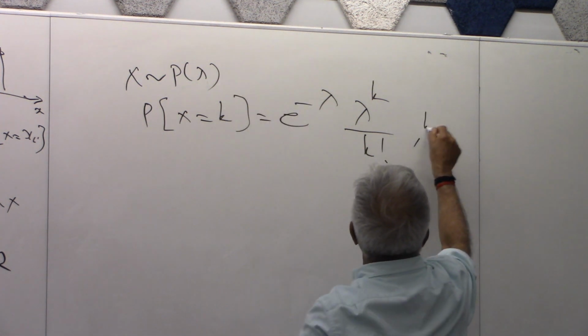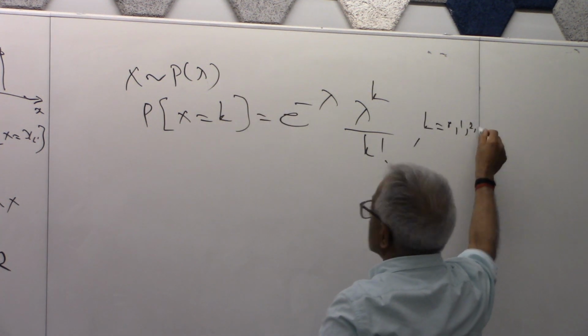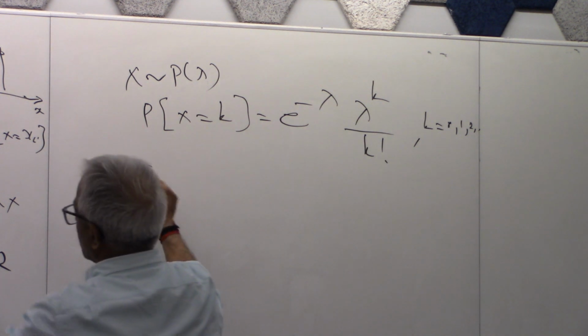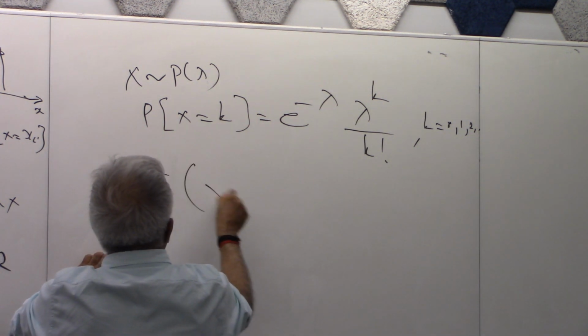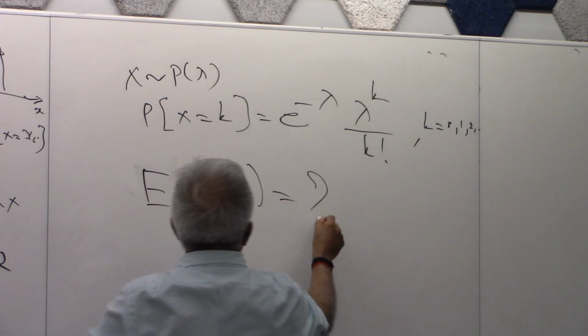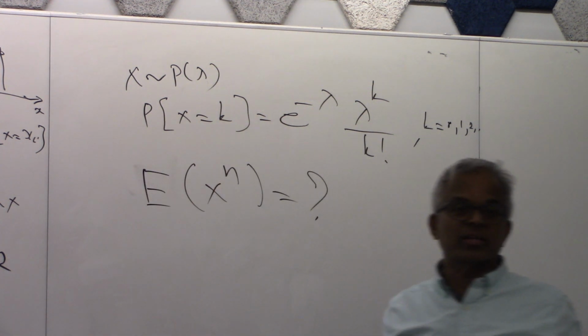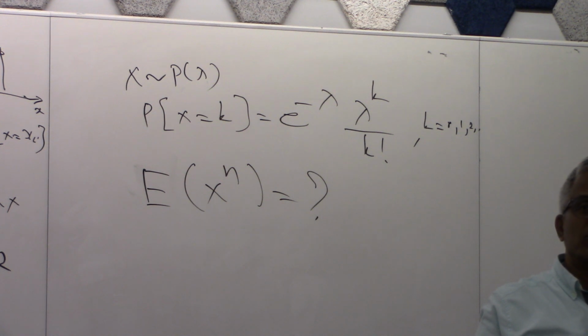This is where we start, k equal to 0, 1, 2, 3. So let's say you want the expected value of x squared. We already computed the expected value of x. What is it? Anybody remembers? Lambda.